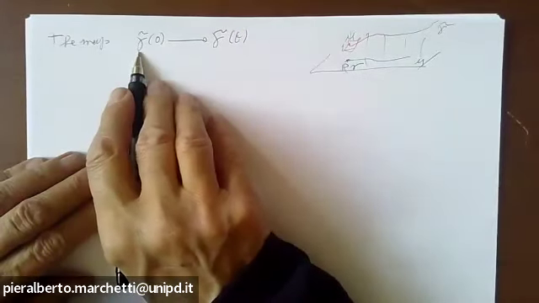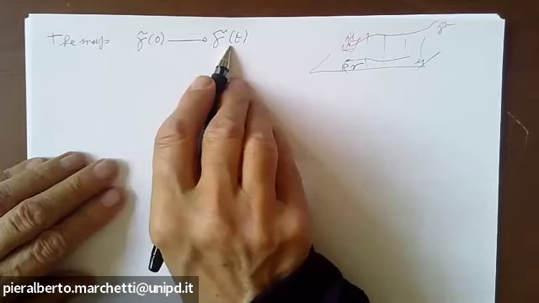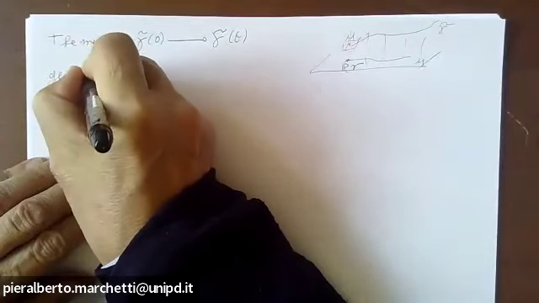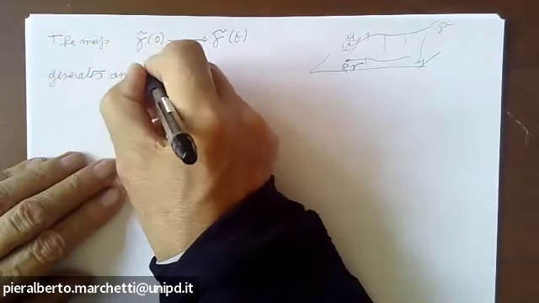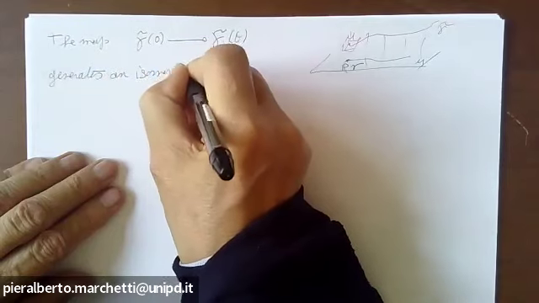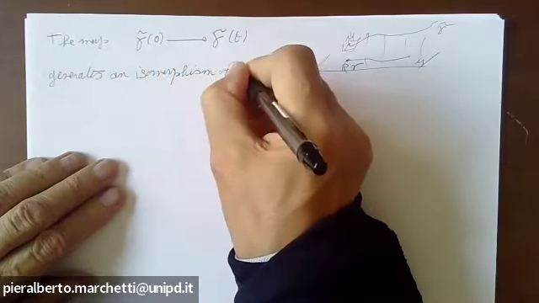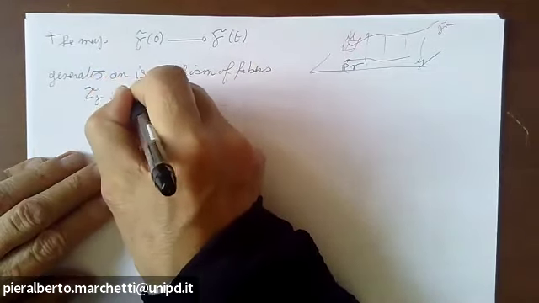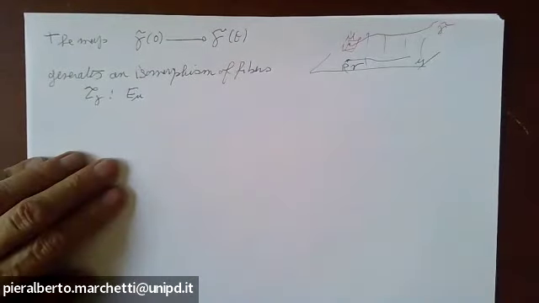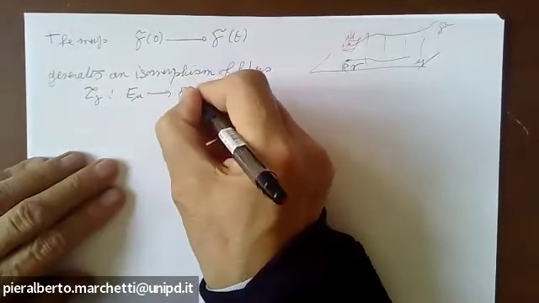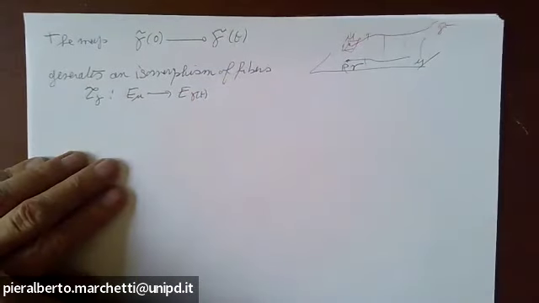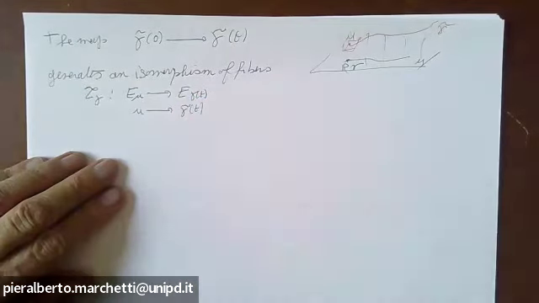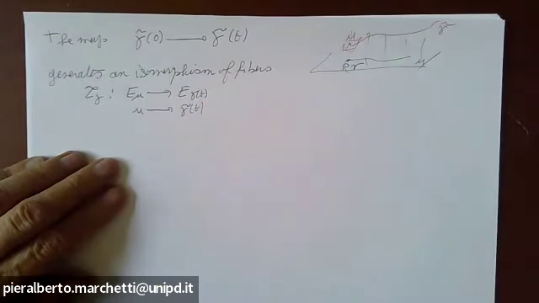The map which sends gamma tilde of 0 to gamma tilde of t generates an isomorphism of fibers. That's called tau gamma, which sends the fiber over U to the fiber E over gamma of t, of course, where U was sent by this curve gamma tilde to gamma tilde of t.